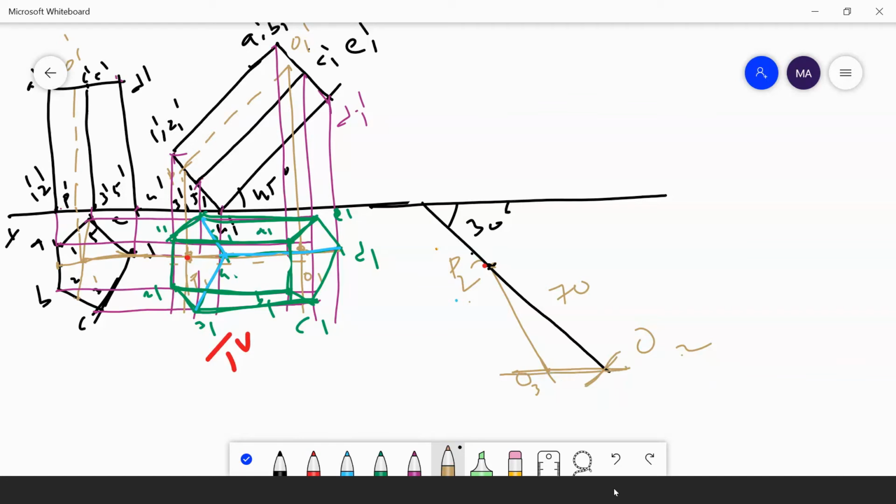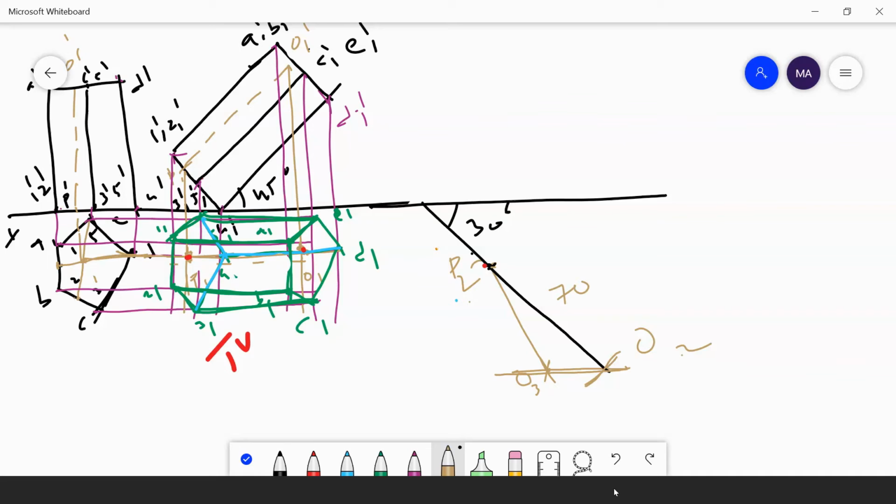After that, you have measured the distance P1O1 from the given top view, taken P2 as a center and cut an arc here. You will get the O3 point. You have joined P2O3. Is it clear?